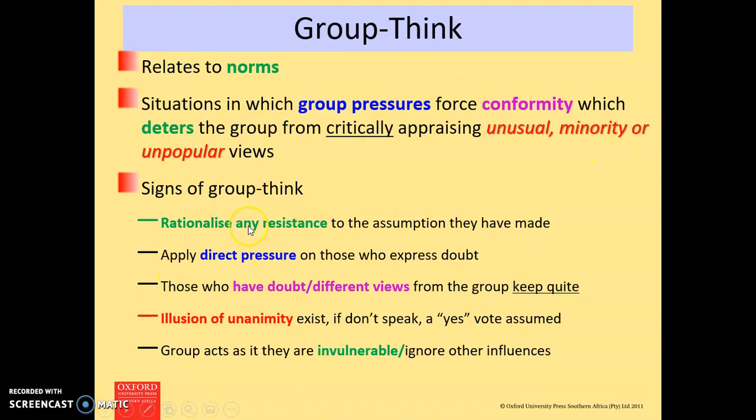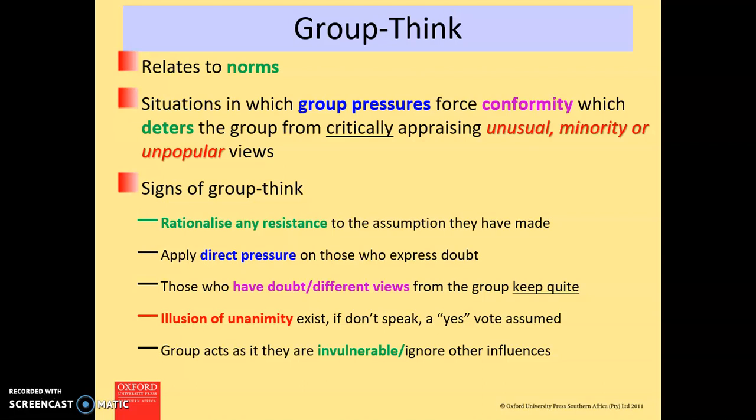So, signs of groupthink, to know whether the groups have groupthink or not. It is based on whether the groups rationalize any resistance to the assumptions they have made. Let's say the group rationalizes any of the resistance coming from the members of the group, then it's considered that groupthink exists in the group.